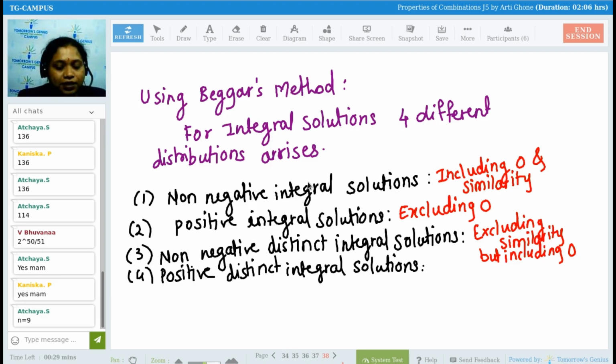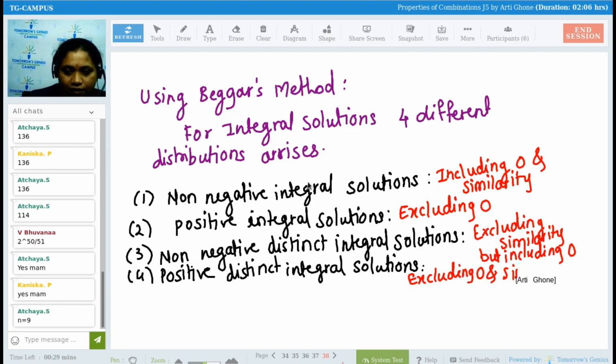Okay, and positive distinct integral solution means excluding zero and similarity both. Clear or not? The 4 cases are clear. Okay.